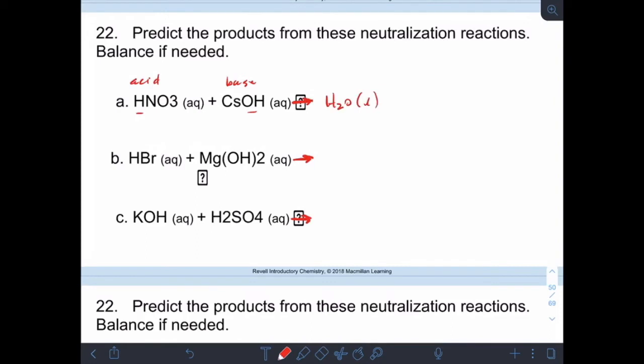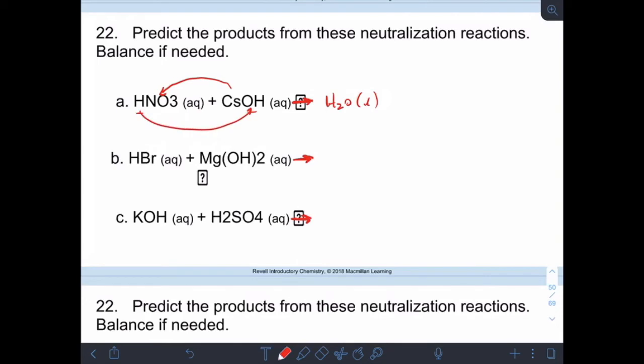Okay, now the beauty of these is essentially they are double displacement reactions. So I can treat them just like a double displacement. I can take my cesium and put it with my nitrate, and I take my hydrogen and put it with the OH.